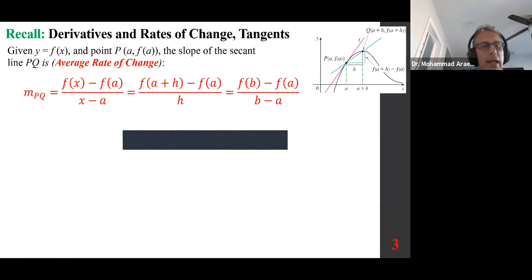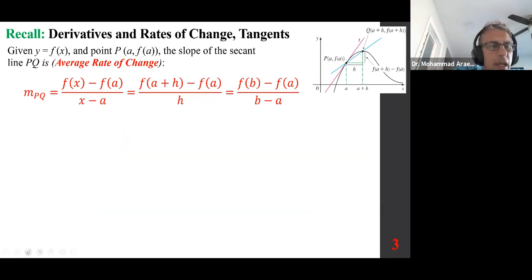First, we looked at the basic and good old slope when 2 points are given. So in this example, we have 2 points. That gives this blue line, which we call a secant line, because it contains 2 points on a curve. And if you write the equation of a slope, rise over run, there are different ways of writing it.